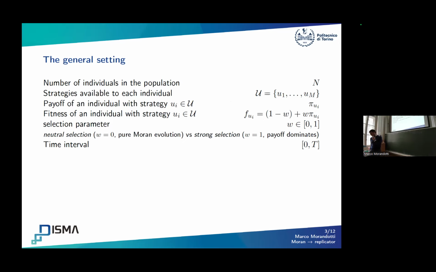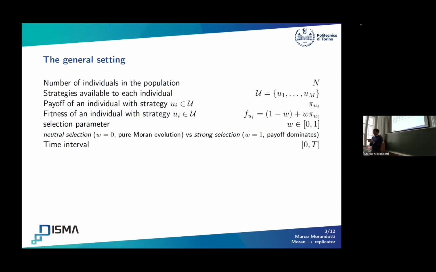And so if w is 0, then we have a so-called pure Moran evolution. Everything is just determined by the fraction of individuals carrying the strategy ui, and that determines the probability of an individual. Whereas strong selection is where all the fitness is basically due to the payoff of the game.